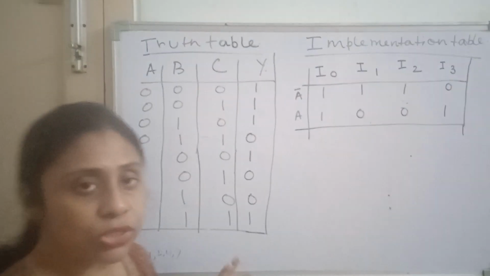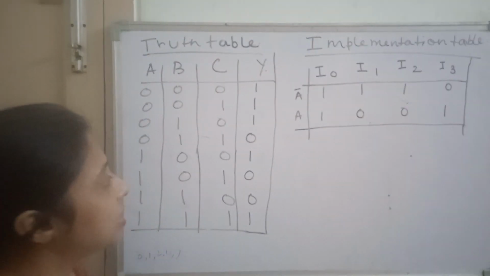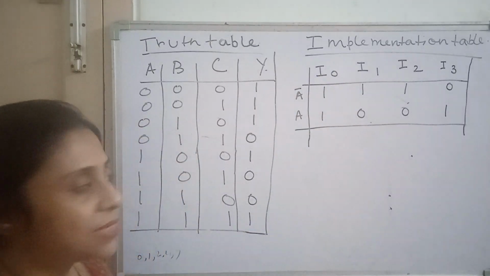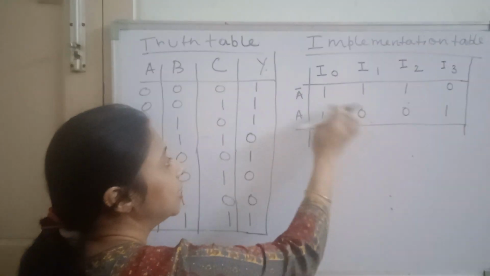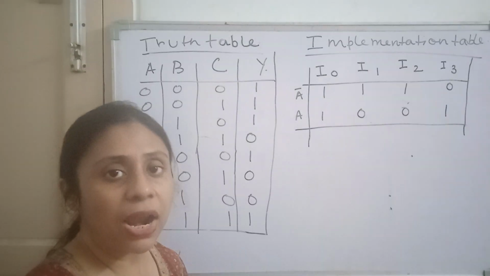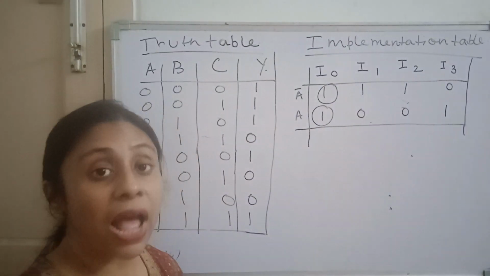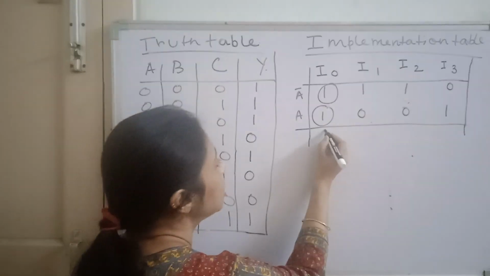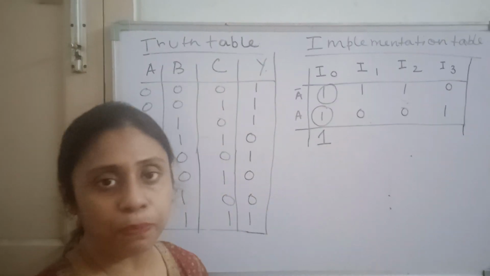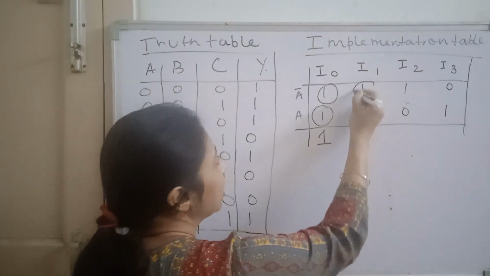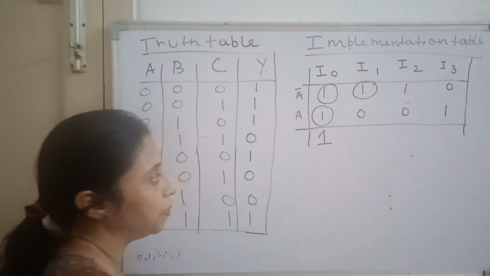Okay, so we have put it. Now for I0, both the rows are 1, so for I0 we will connect logic 1 at the input side. For I1, this is 1 and this is 0.